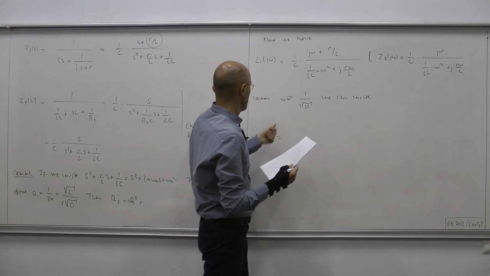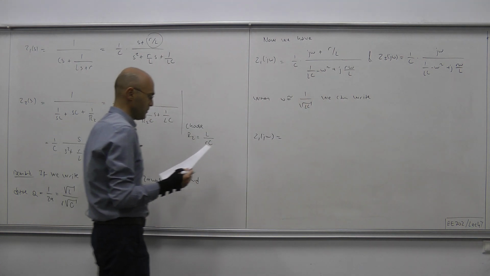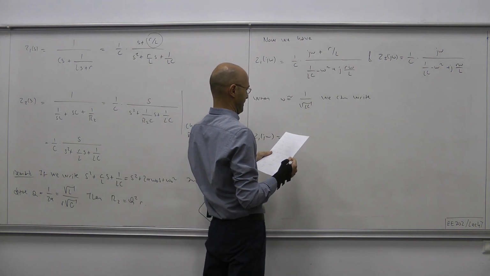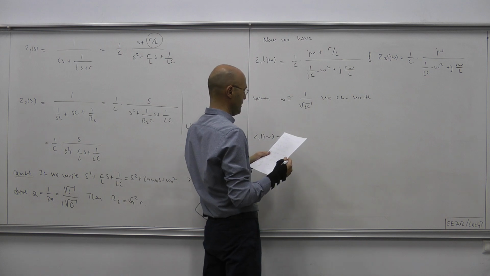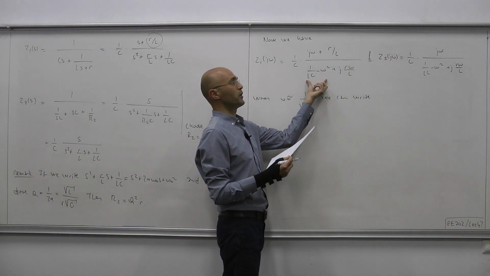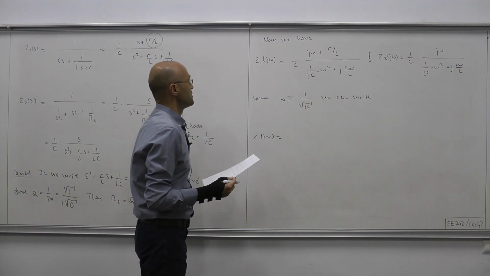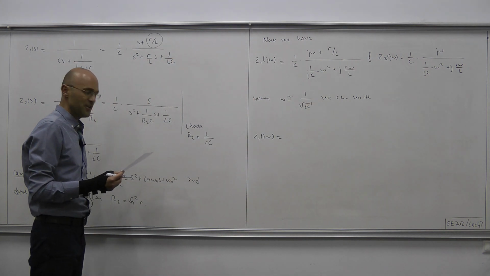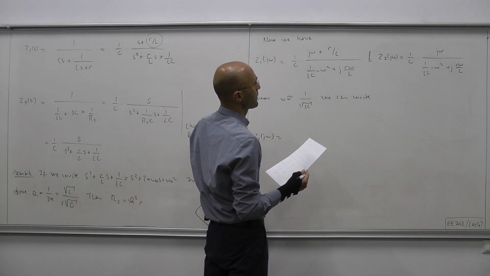So around omega equals 1 over square root of LC, what happens is, we can ignore this part, 1 over LC minus omega squared, because it will cancel, and Z1 of j omega and Z2 of j omega boil down to the following.